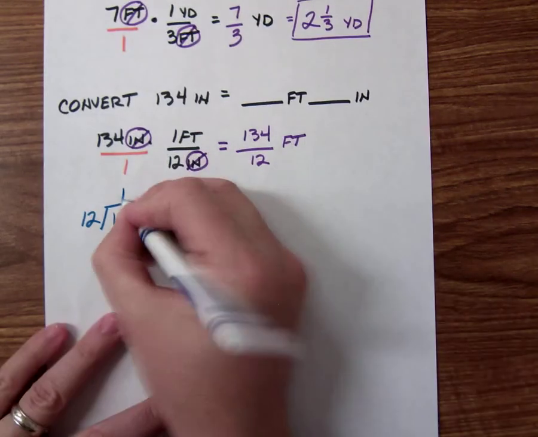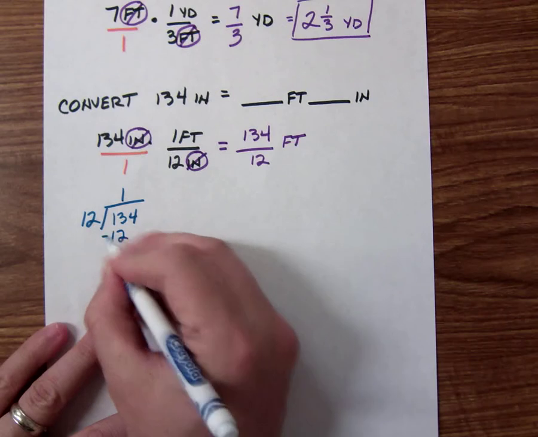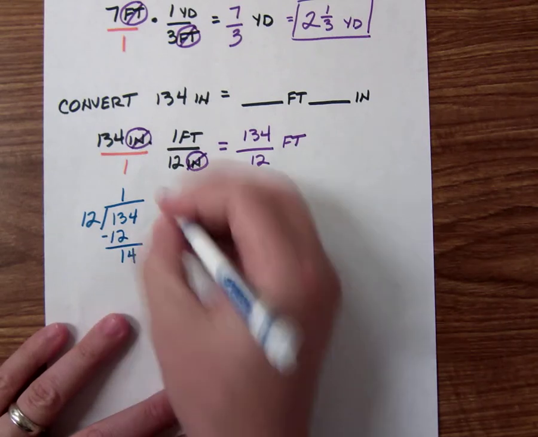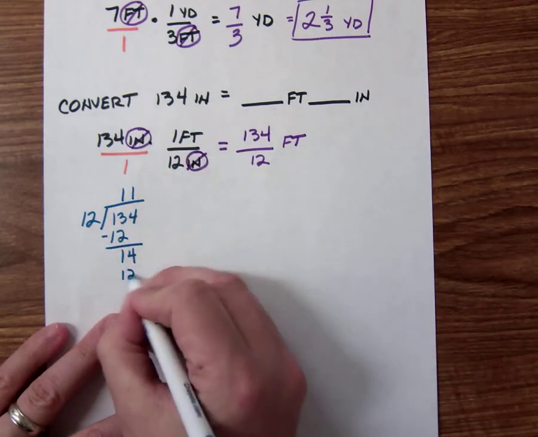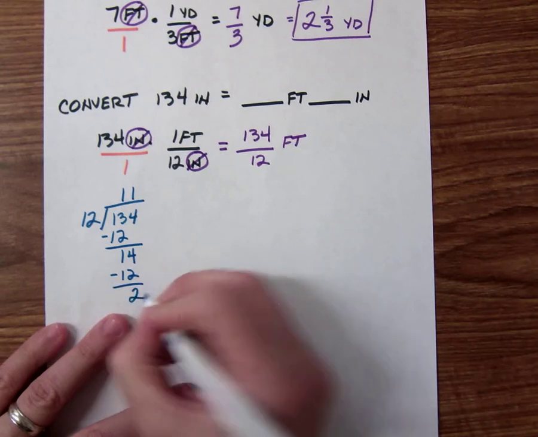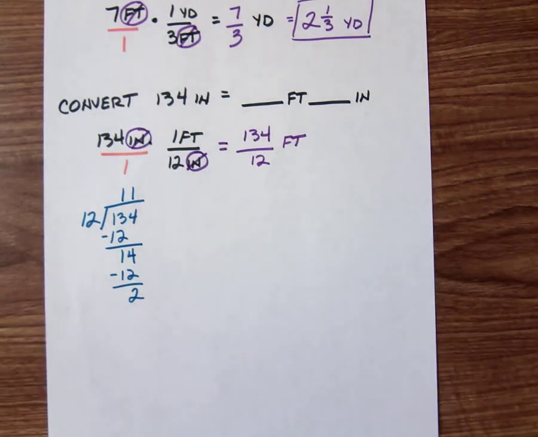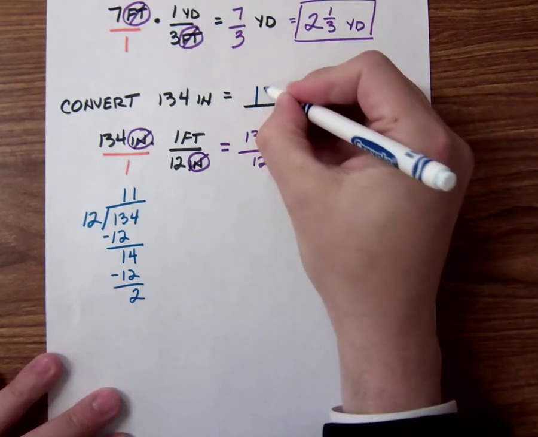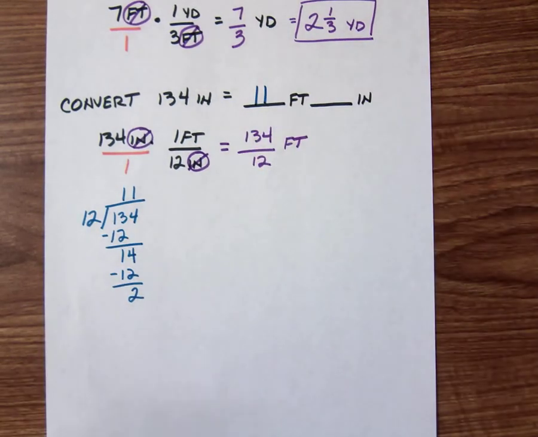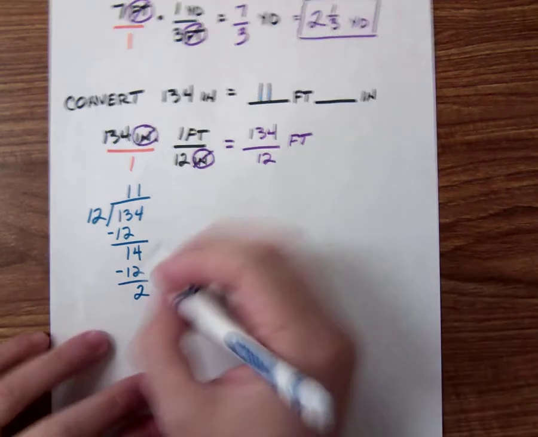Okay, so let's go ahead and divide it. I know you all know how to divide using a calculator, but let's try to be impressive here. Let's do some long division. Cool. How many feet? 11 feet. But I've got a remainder. What's the remainder? 2.